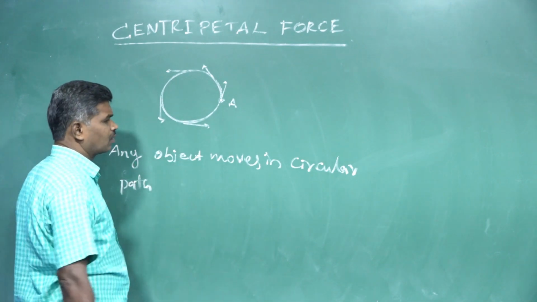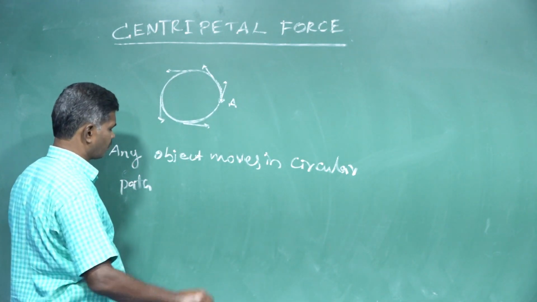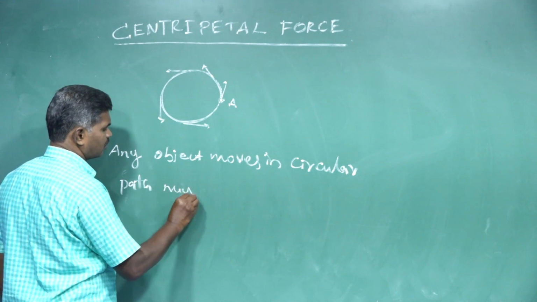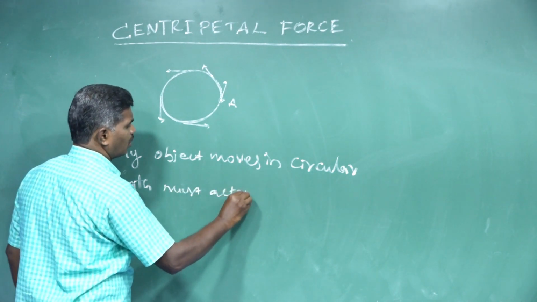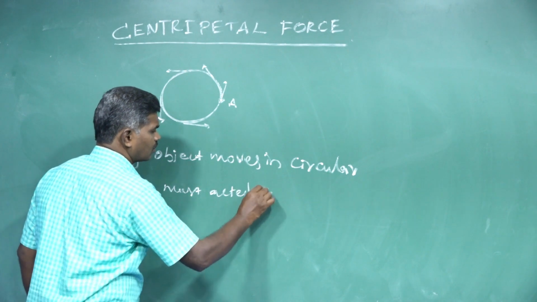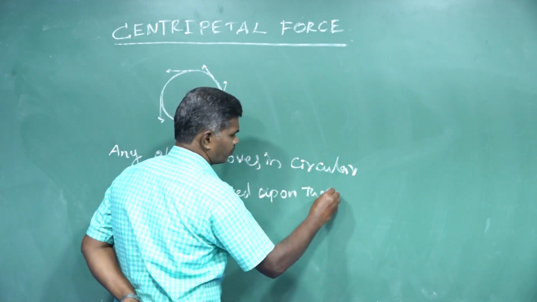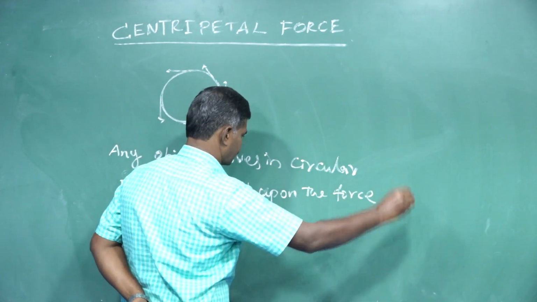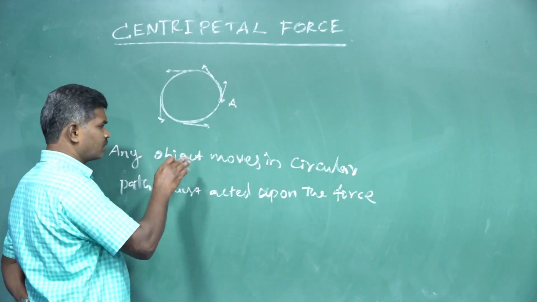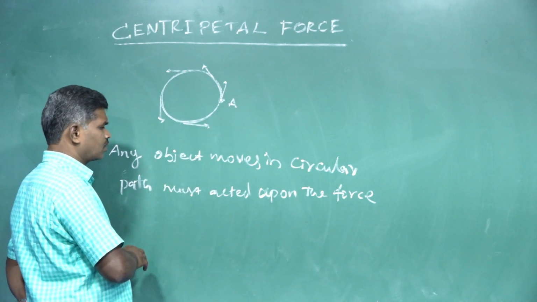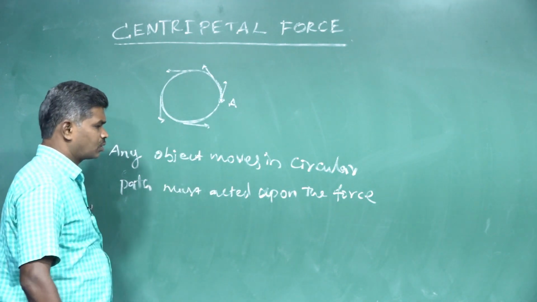So any object that moves in a circular path must be acted upon by a force. Any object that moves in a circular path must be acted upon by that force.